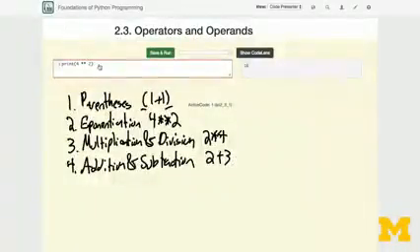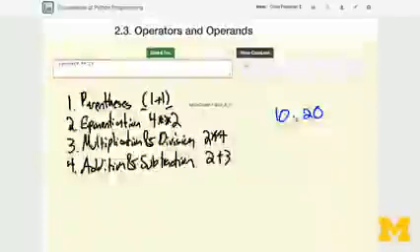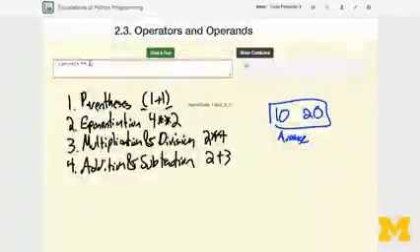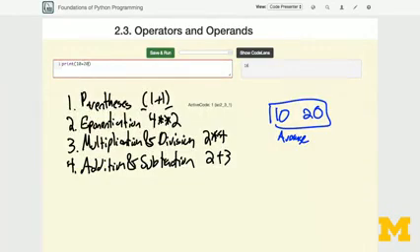So what this means is that suppose that we wanted to compute the average of two numbers, 10 and 20. If we wanted to compute the average of these two, which should be 15, then we might intuitively write something like 10 plus 20 divided by 2.